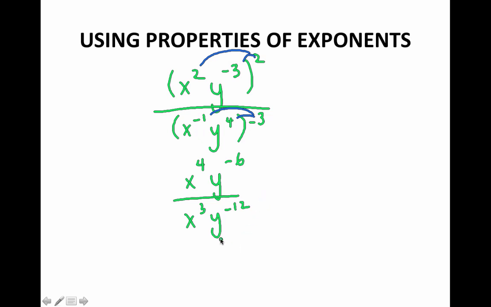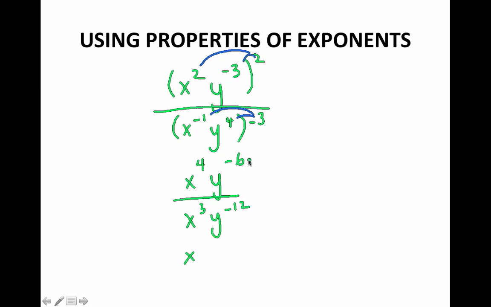For my next step, I would deal with these x's. Since they're the same base, I can just subtract the exponents. And so I would have x to the 4 minus 3, which is just x. And then with the y's, since they are the same base, I could just subtract negative 6.